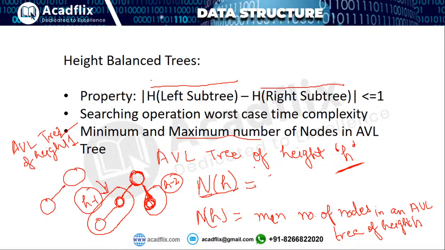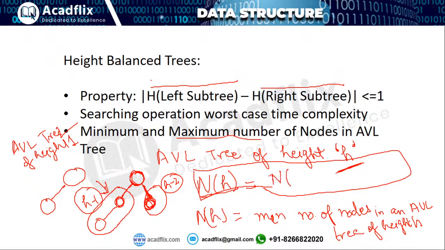So what will I write? In this formula I am writing that the minimum number of nodes in an AVL tree of height h is equal to the minimum number of nodes in an AVL tree of height h-1, that will form my left subtree, plus the minimum number of nodes in an AVL tree of height h-2, that will form my right subtree, plus 1.